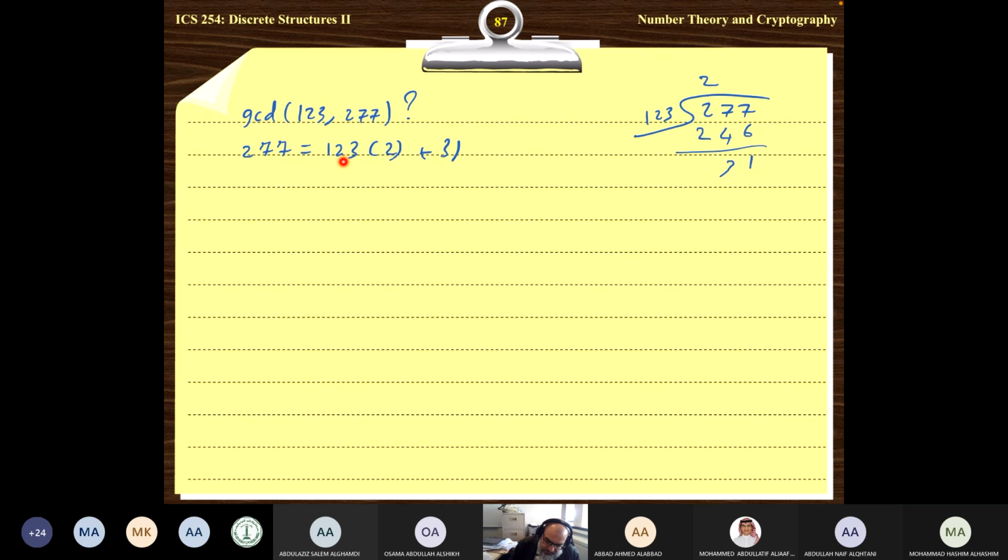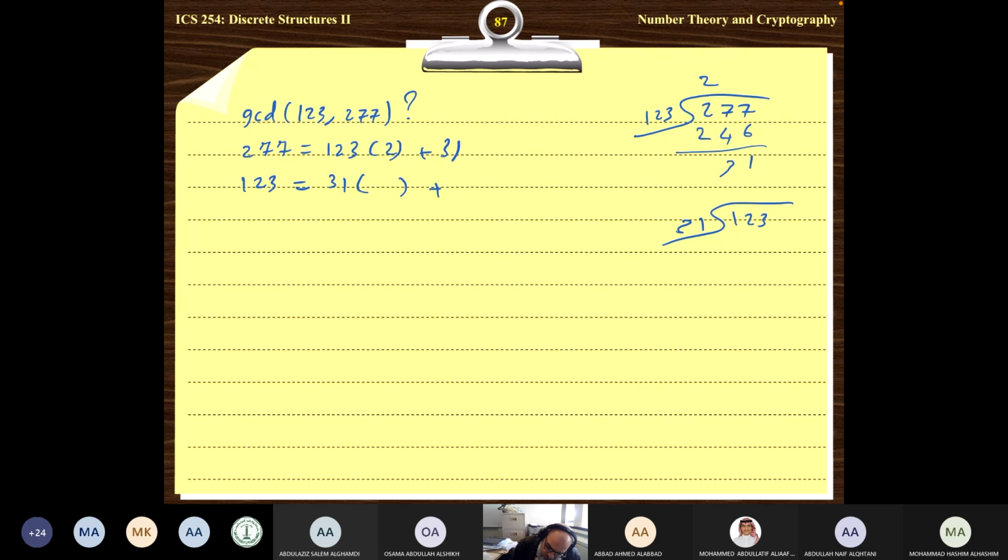Now next, I have the 123. The greatest common divisor between 277 and 123 is the same as the greatest common divisor between 123 and 31. So I will say 123 is equal to 31 multiplied by what plus what? Well, let's go to the margin. 123 divided by 31.